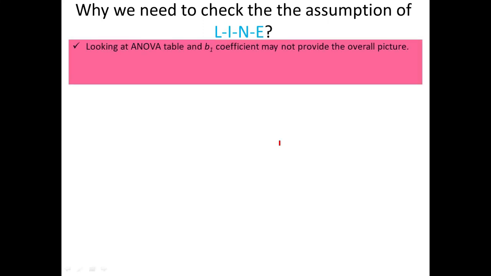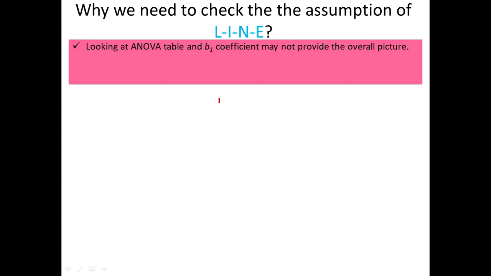Here I will show you another example showing why we really need to check the assumptions of regression. We have to fulfill the LINE assumptions: linearity, independence, normality, and equal variance. Normally when we have the data, we run the regression analysis, and straight away we get the ANOVA table and the B coefficient value. I would like to stress here that looking at the ANOVA table and B coefficient only may not provide the overall picture.